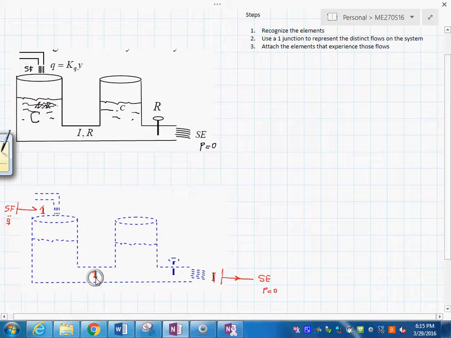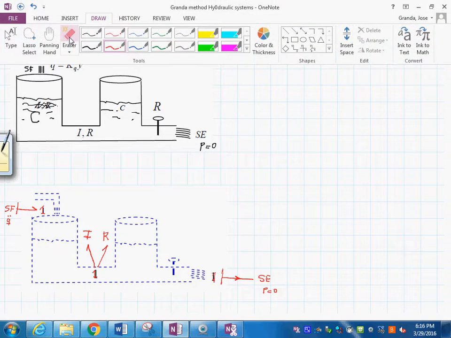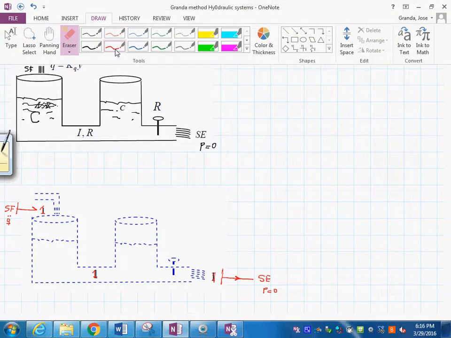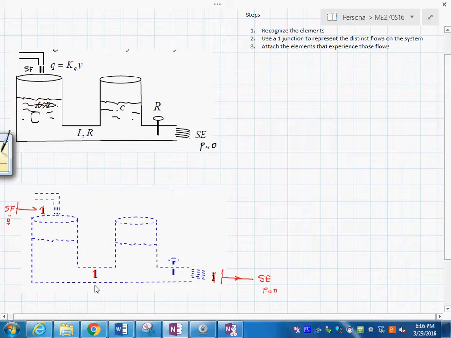We could draw it towards the bottom so that there's more space, it really doesn't matter. So we could just say this is the I element, and then you have in here the R element. Okay, we are done with all the elements with this step that requires to put the elements that experience those flows.